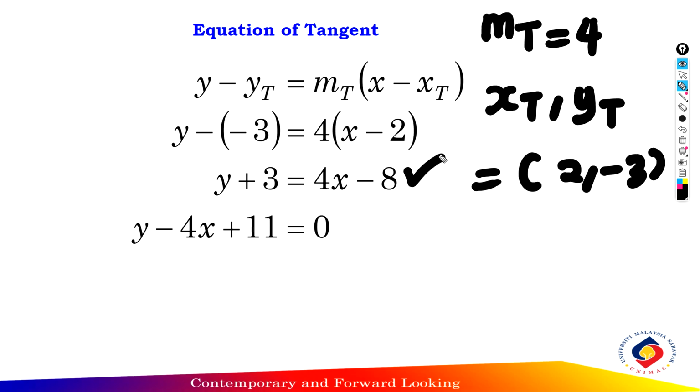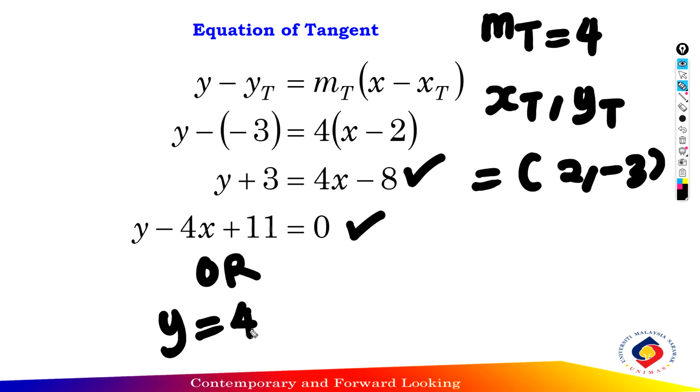Yeah, and you write down the equation in general form: y minus 4x plus 11 equals 0.